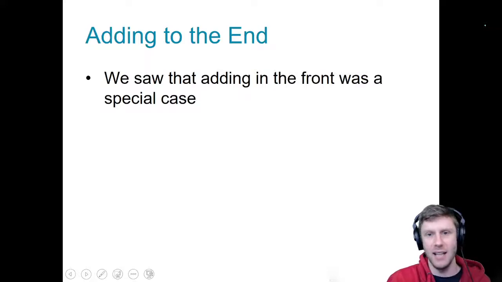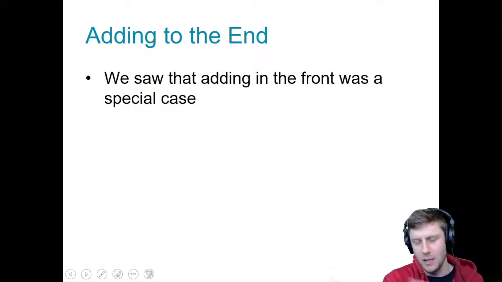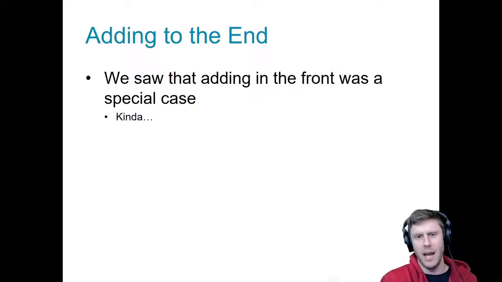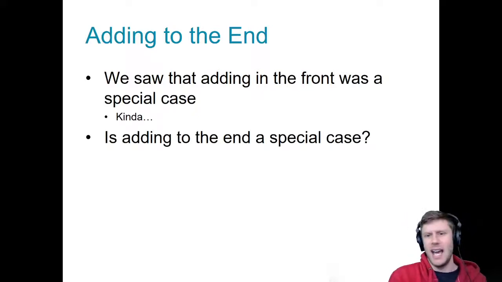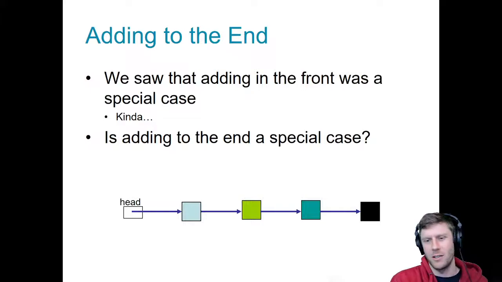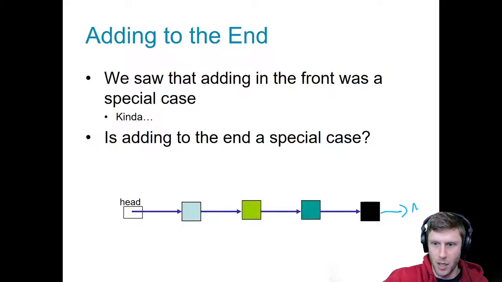And adding to the end, well, we saw that adding to the front was kind of a special case. It was easier than adding to the middle. But adding to the end isn't actually really a special case. It's the exact same thing as here. So imagine in this case, this is pointing to null pointer, okay? And I wanted to add something here at the end.